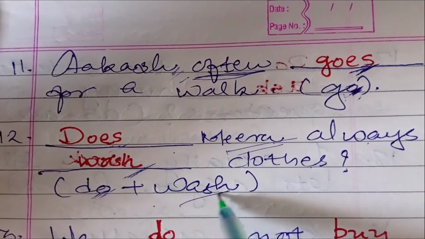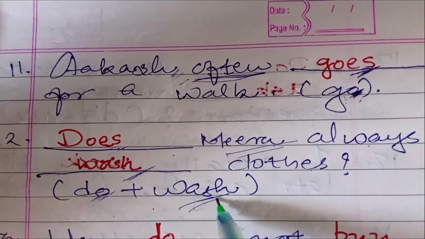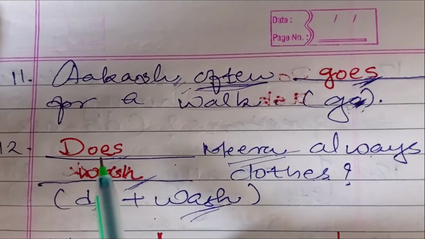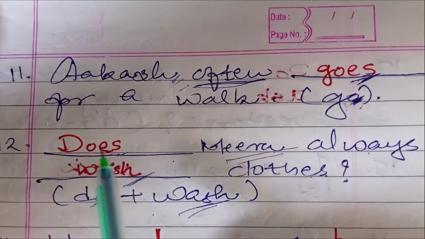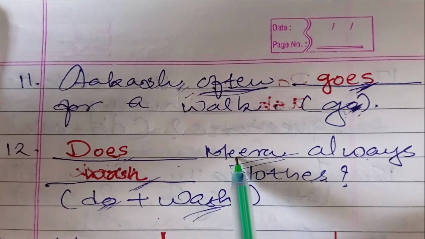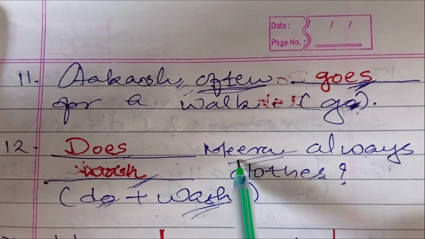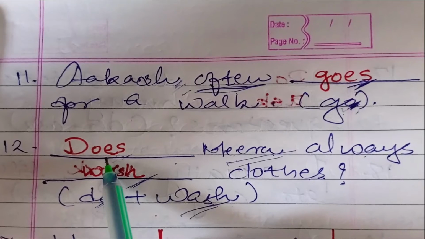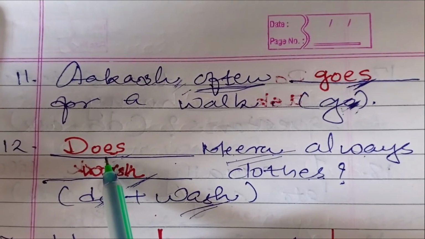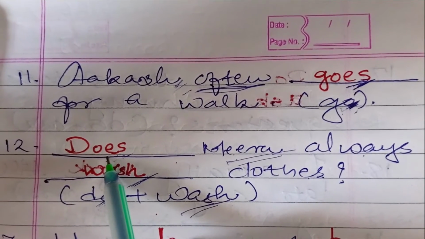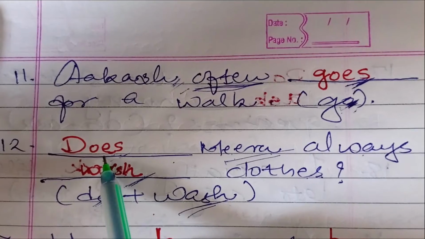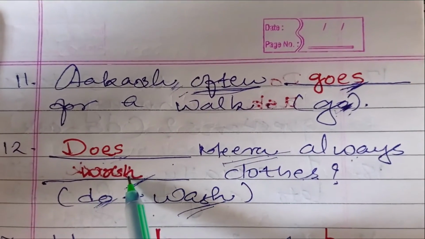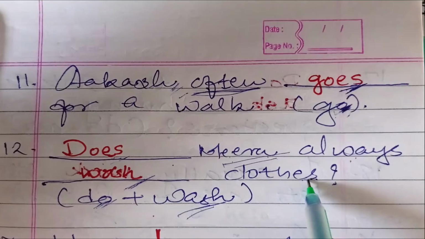So wash will remain same. In interrogative, the questions start with do or does. Here it is third person singular, so it will be does. So the answer will be, does Meera always wash clothes?